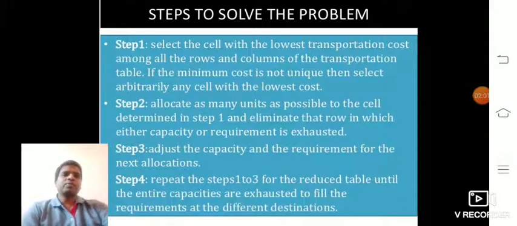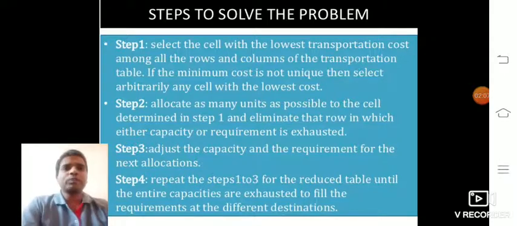These are the steps you need to follow to solve the transportation problem by using the lowest cost entry method. The first step is to select the cell with the lowest transportation cost among all the rows and columns of the transportation table. If the minimum cost is not unique, then select arbitrarily any cell with the lowest cost.